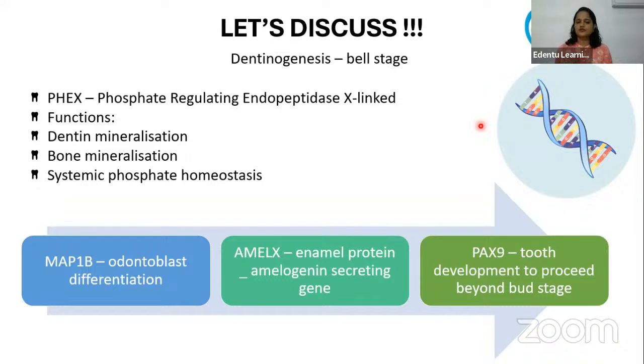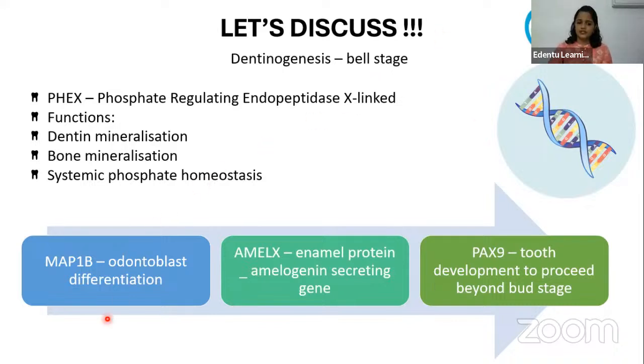The main function of this gene is that it helps in all hard tissue mineralization. It helps in dentine mineralization, it helps in bone mineralization, and it also regulates systemic phosphate homeostasis. In case of any defects in the gene, we can expect diseases like hypophosphatasia.